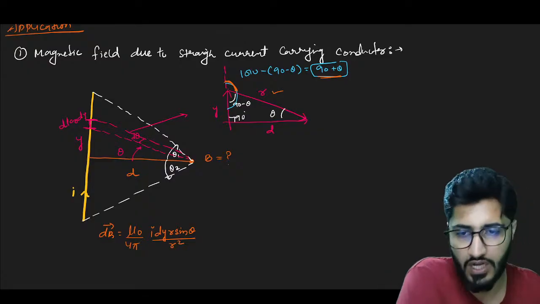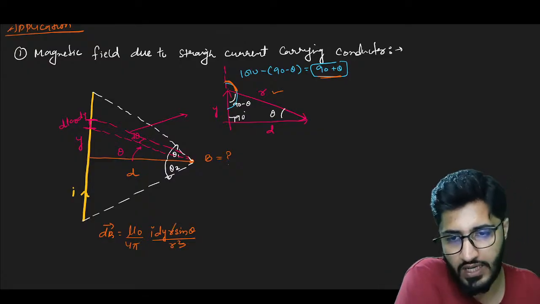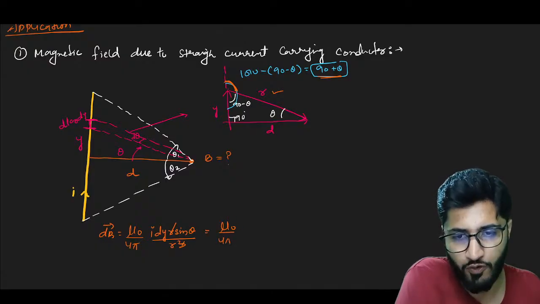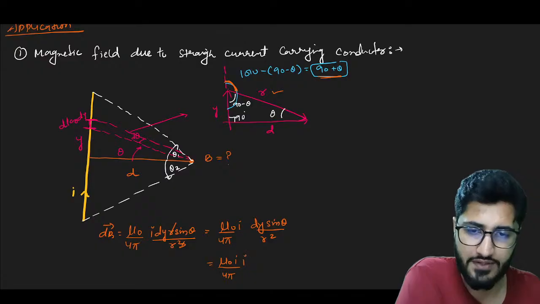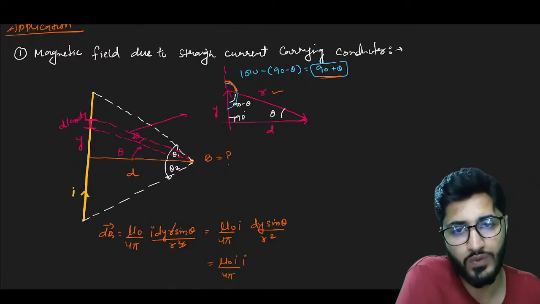R cube, sorry. One r cancels out, so I can write μ₀/4π × I dy sin θ / r². Look now, μ₀, I, 4π as it is. Now what is dy?